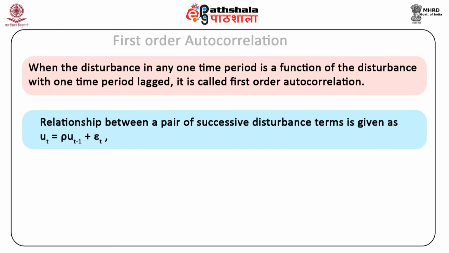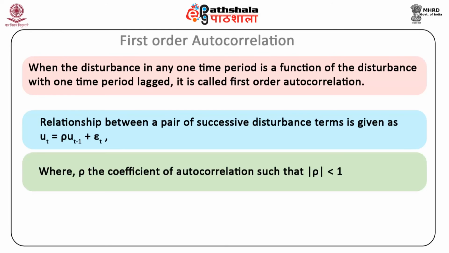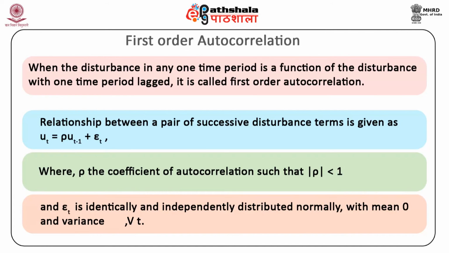The relationship between a pair of successive disturbance terms is given as u_t = rho u_(t-1) + epsilon_t, where rho is the coefficient of autocorrelation such that |rho| < 1, and epsilon_t is identically and independently distributed normally with mean 0 and variance sigma squared for all values of t.